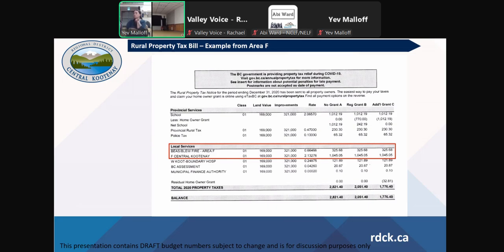So that's the large amount. And then the defined area services are listed separately. In this case, this property owner only pays into a defined area for fire protection. And as you see on the tax bill, you also have school, hospital, provincial, and police taxes.